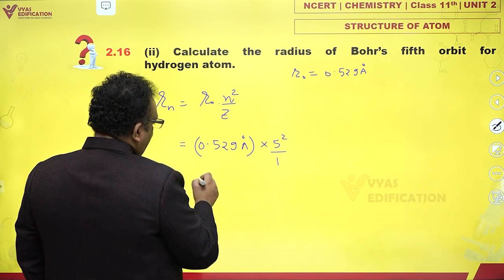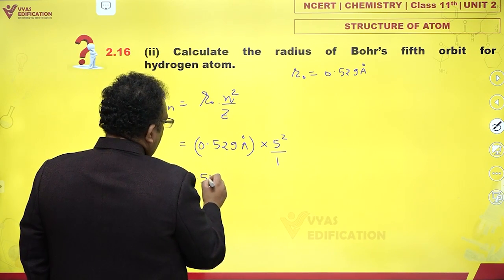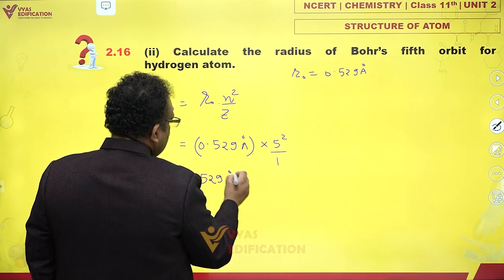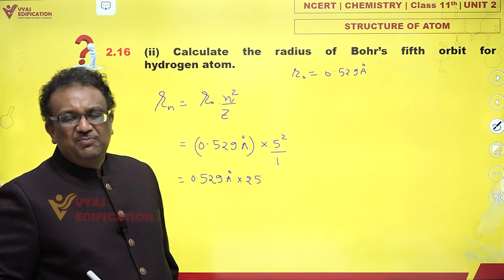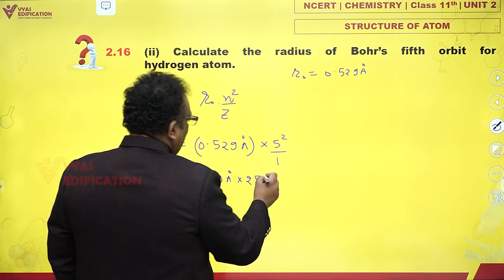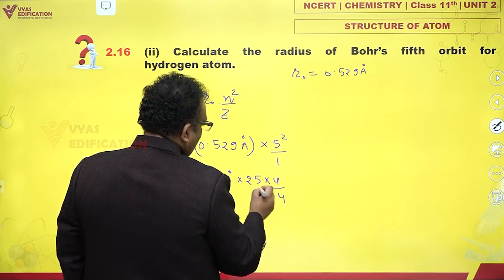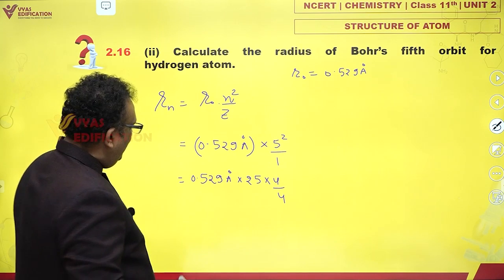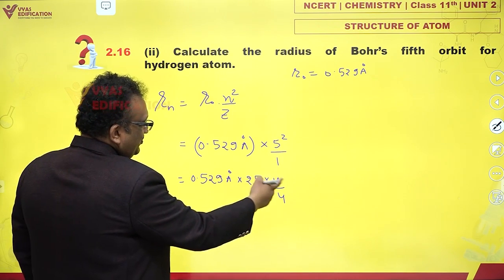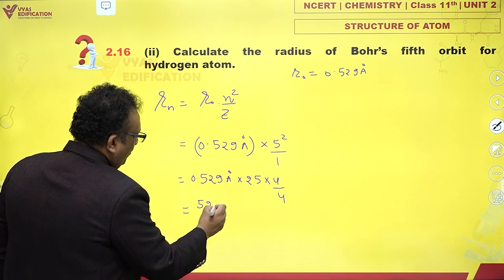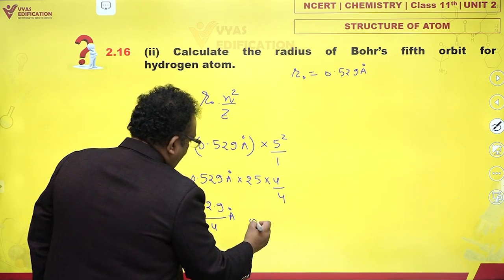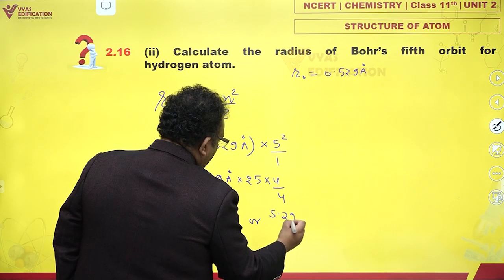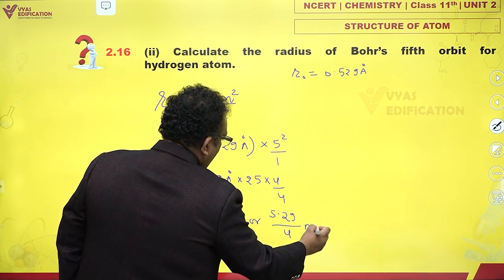How much would that be? That is 0.529 angstrom units into 25. And as usual, since I hate multiplying by 25, I'll just multiply by 4. Dividing by 4 is still more pleasant, and this makes it 100. So this is 52.9 by 4 angstrom units, or 5.29 upon 4 nanometer.